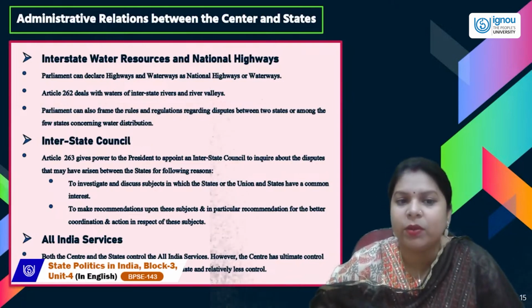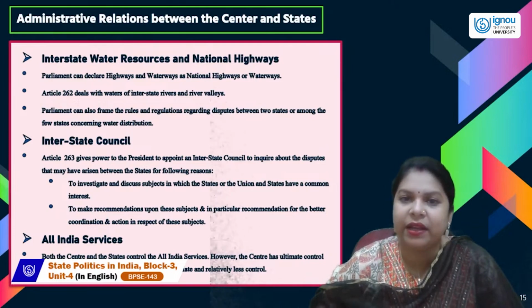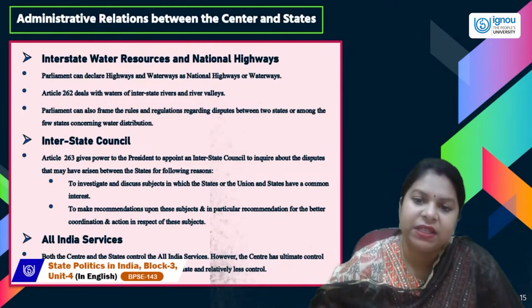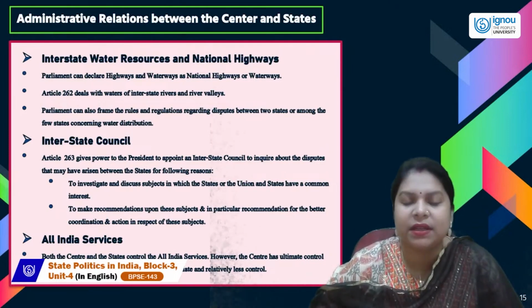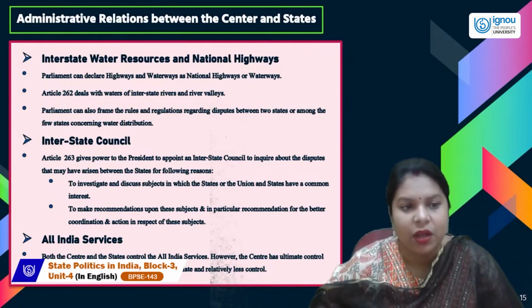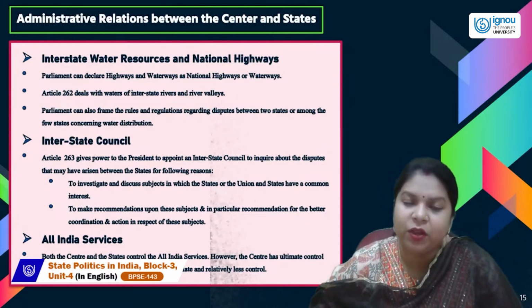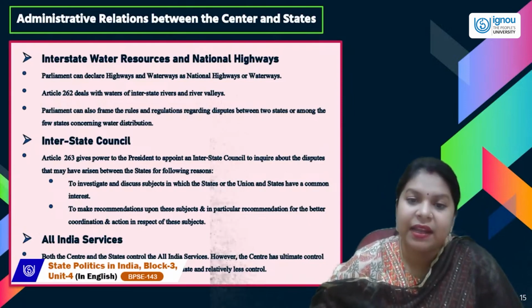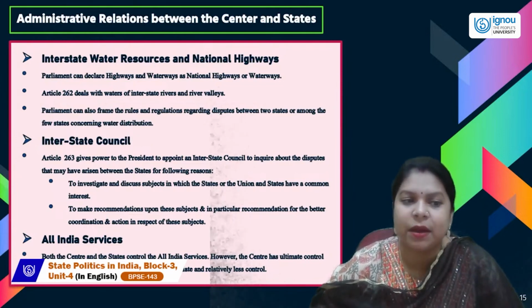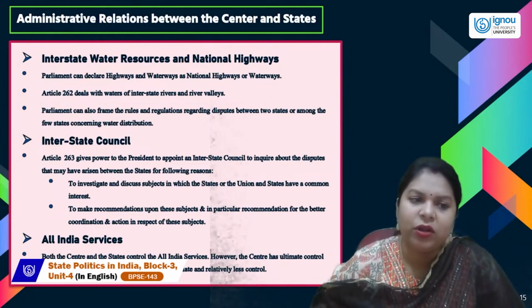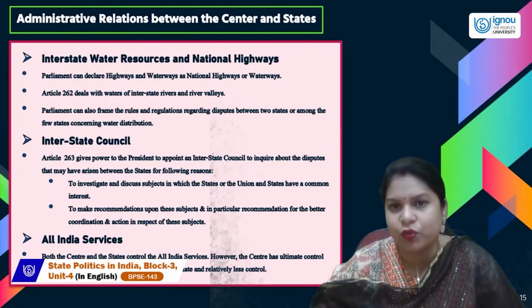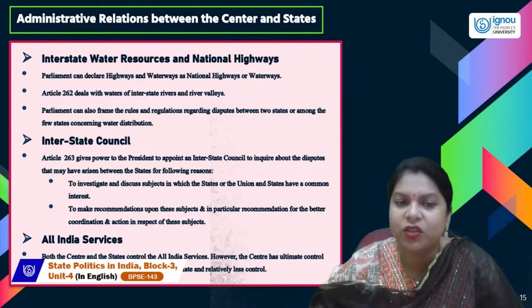Parliament can also frame rules and regulations regarding disputes between two or more states concerning water distribution. It is the Parliament which works on this and brings rules and regulations.